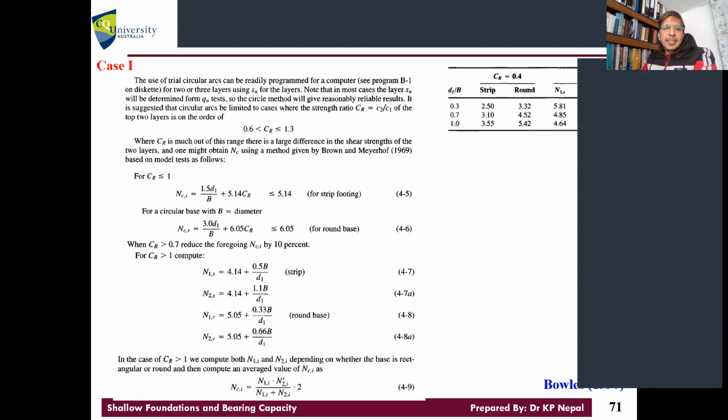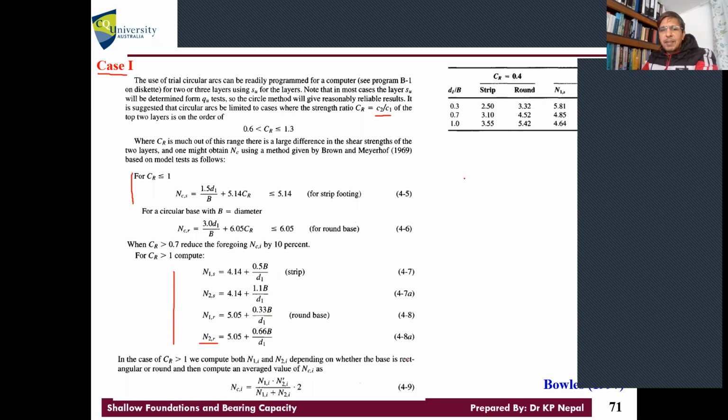Let's understand case 1. What is case 1? Case 1 is both layers cohesive soil, right? It can be upper layer stronger in C value or lower layer stronger in C value. So you need to calculate the ratio of those cohesion values, and then use the appropriate formula to calculate the N factor.